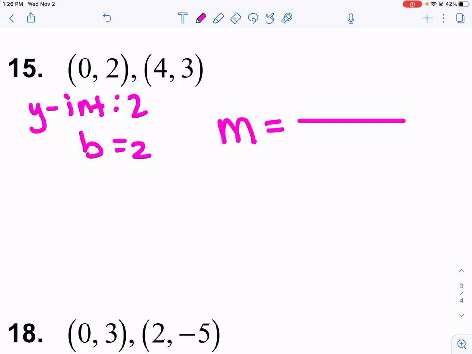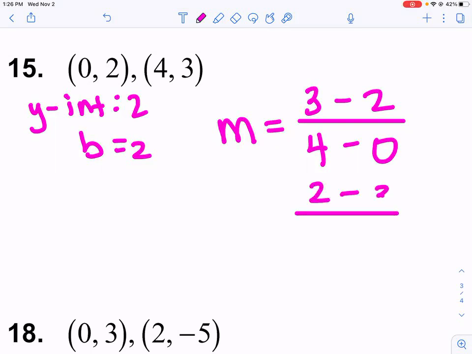Okay. So 3 minus 2 and 4 minus 0. If you did 2 minus 3 and 0 minus 4, do you get the same thing? No. You get negative.